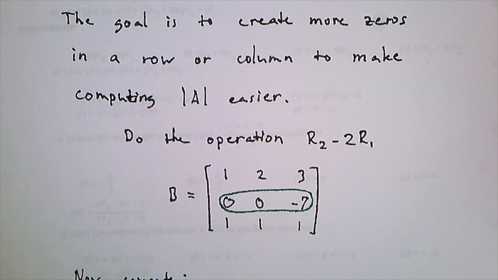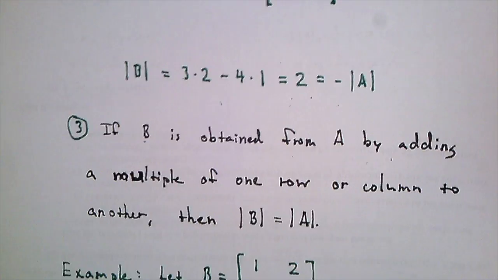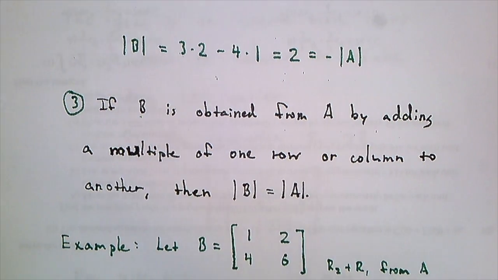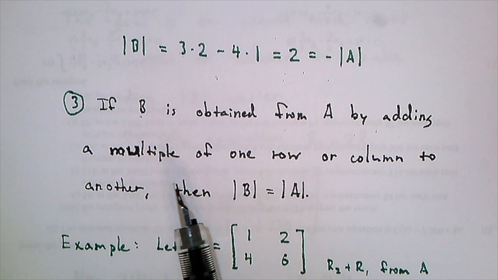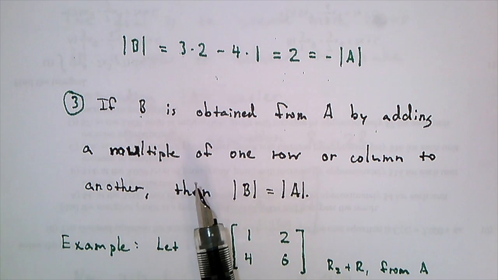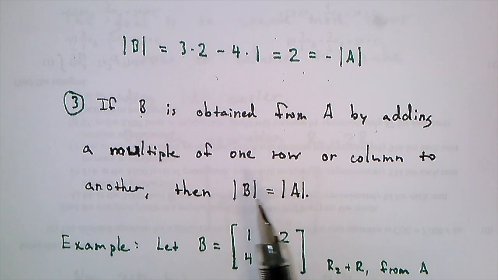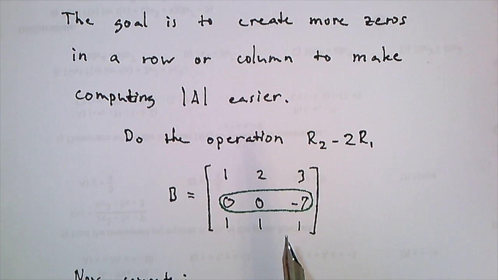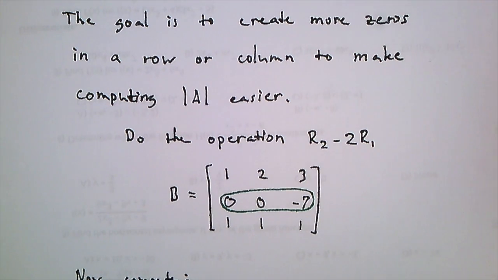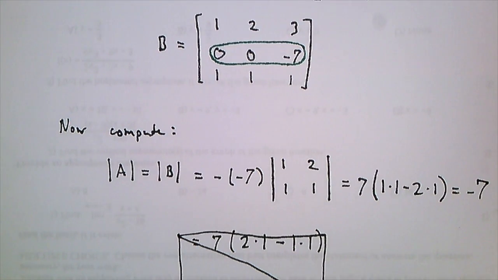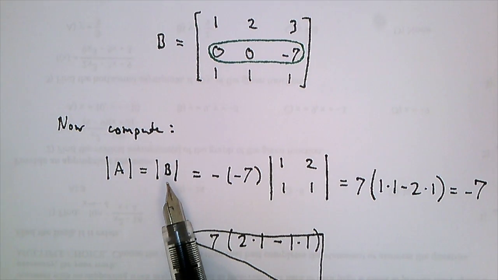So going back to part 3 of the theorem, we know that when we take a multiple of one row and add it or subtract it from another one, then nothing changes. The determinant stays the same. So when we compute the determinant of A, it's going to be the same as the determinant of B.